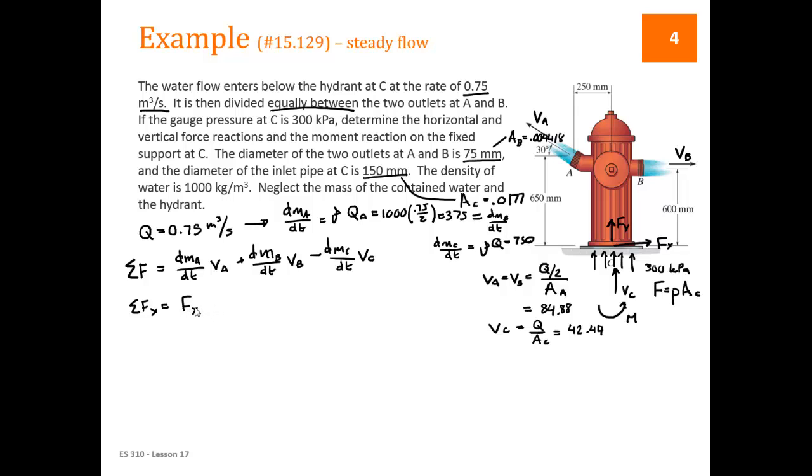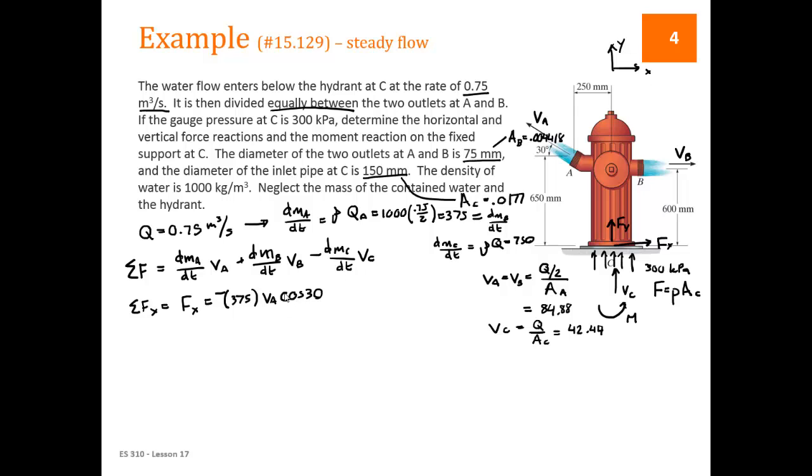And that is equal to dmA/dt, which is 375, times VA in the x direction, which would be VA times the cosine of 30, and that would be negative, because these are our positive directions, x and y.